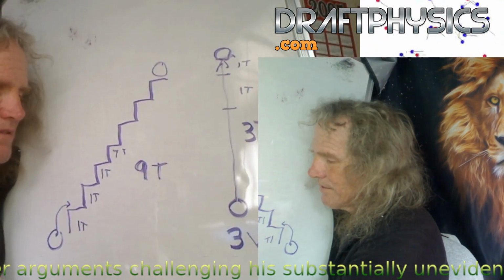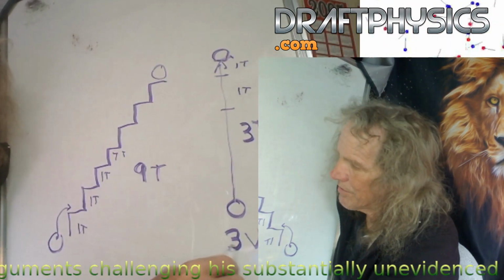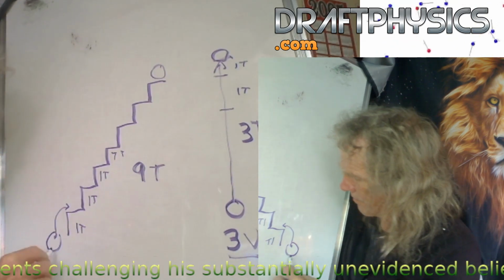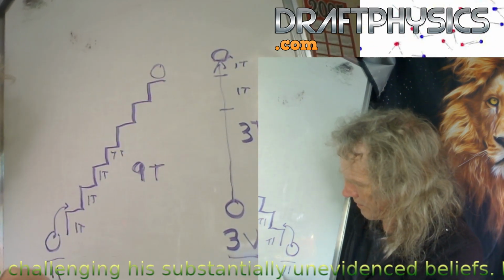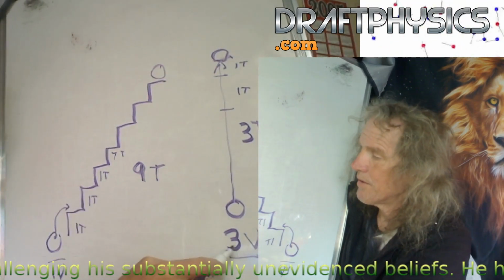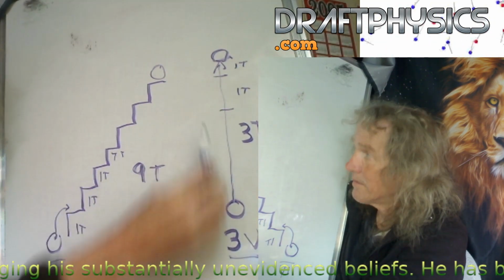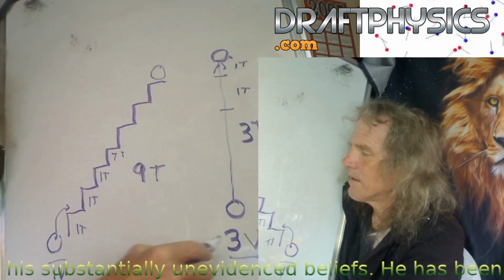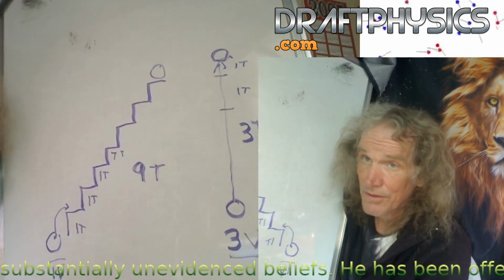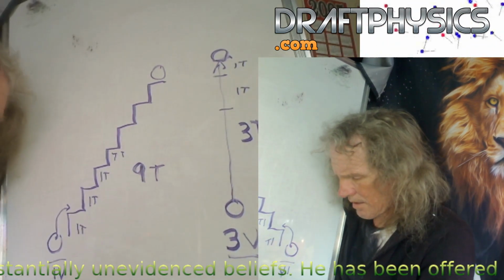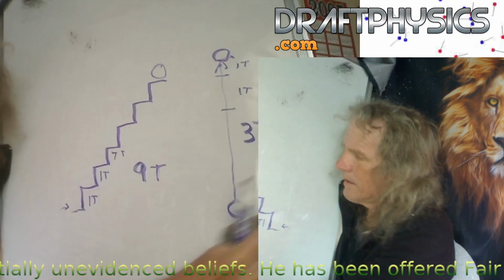So I would obviously say that it's going to be a lot easier to do 1 velocity 9 times versus doing 3 velocity once. This will take less energy, a lot less energy. So that's the context.